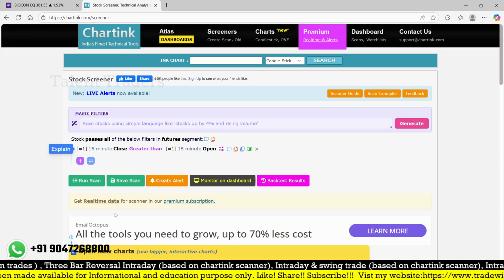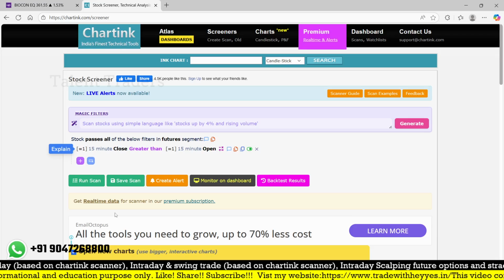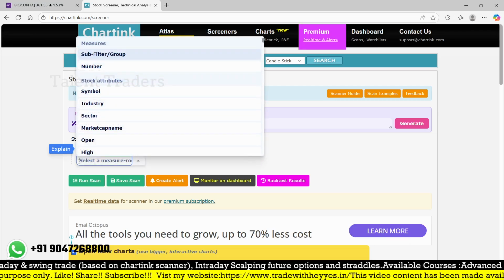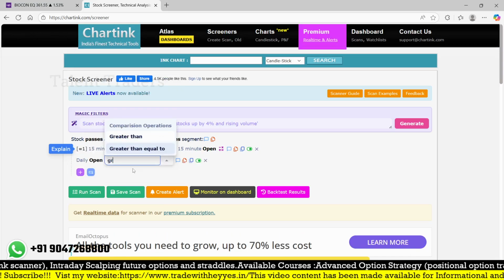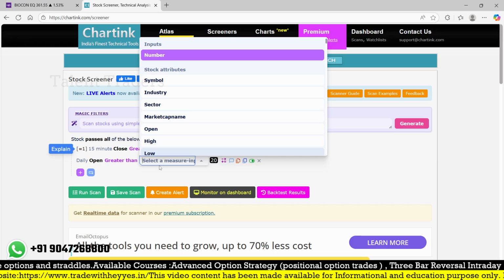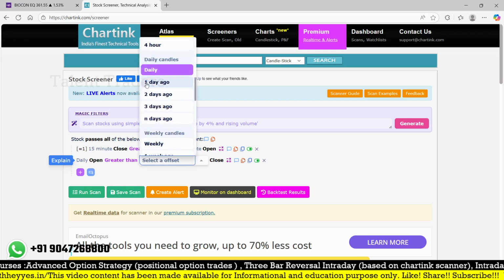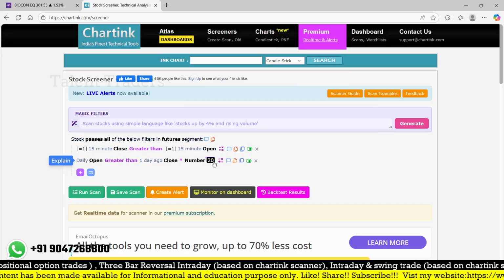Okay, and the most important condition: today's open should be greater than the previous close, that is a gap up, right? We are using the 15 minutes time frame. So today's open must be greater than the close from 1 day ago, right? How much percentage should we check for?